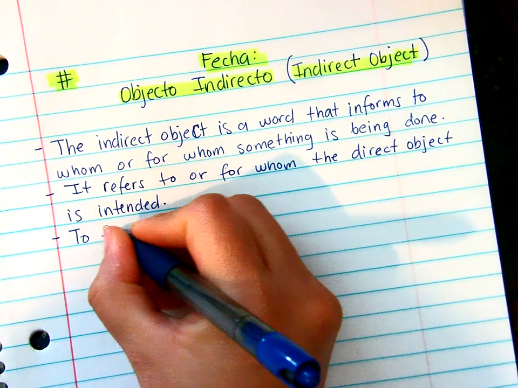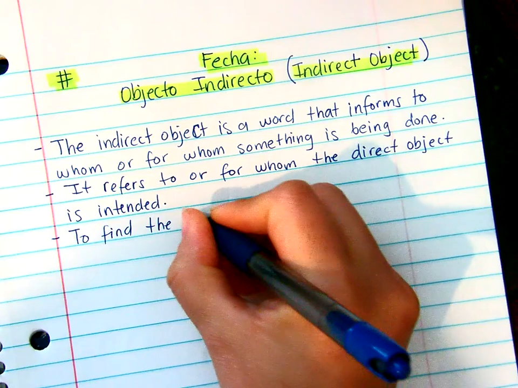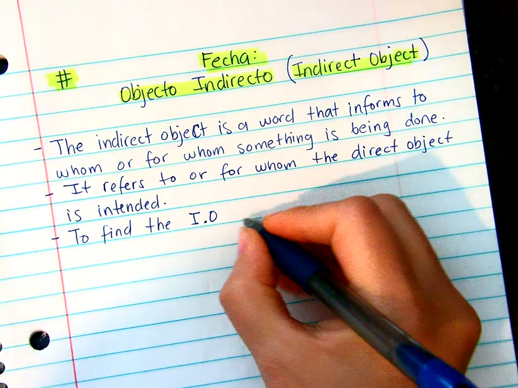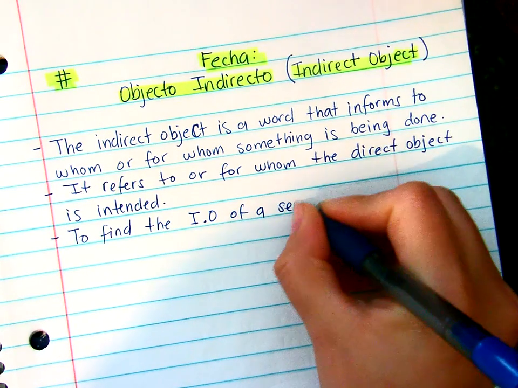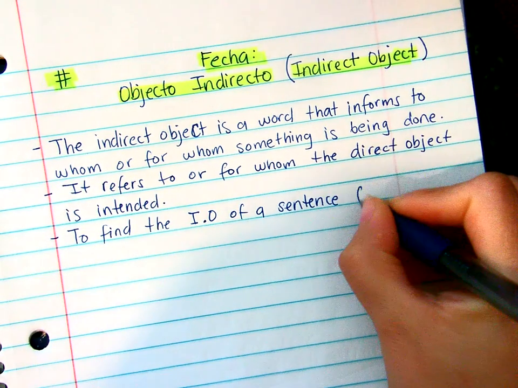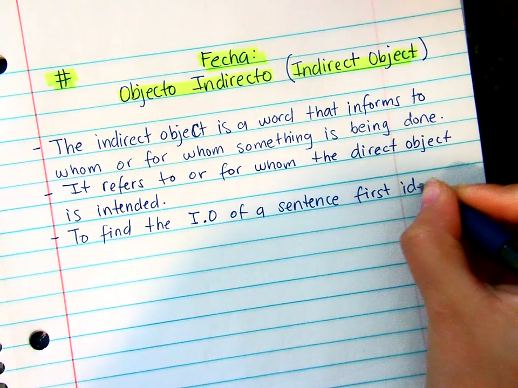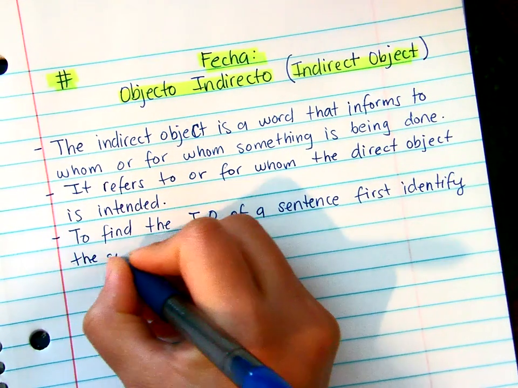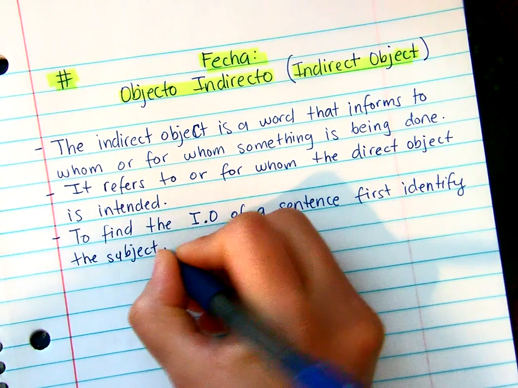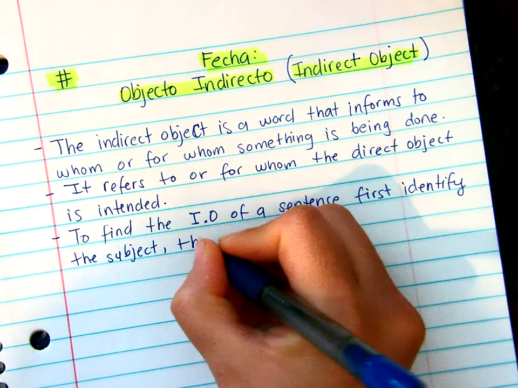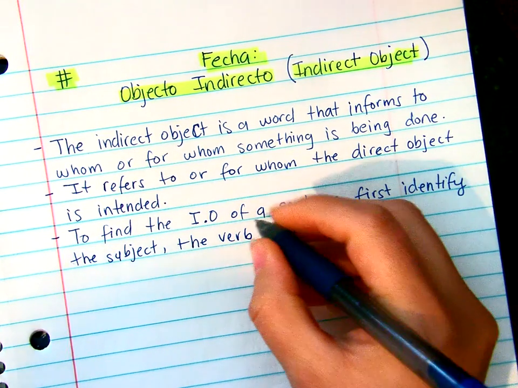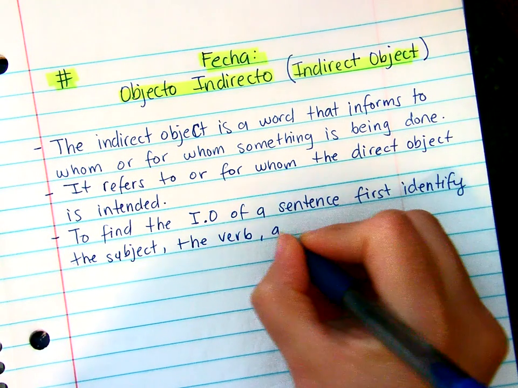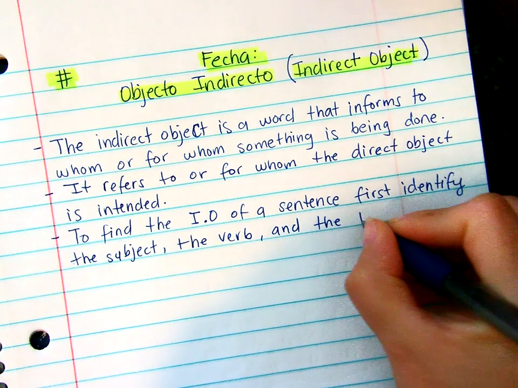To find the indirect object, and I'm going to abbreviate it like this, of a sentence, first identify the subject, the verb, and the direct object.